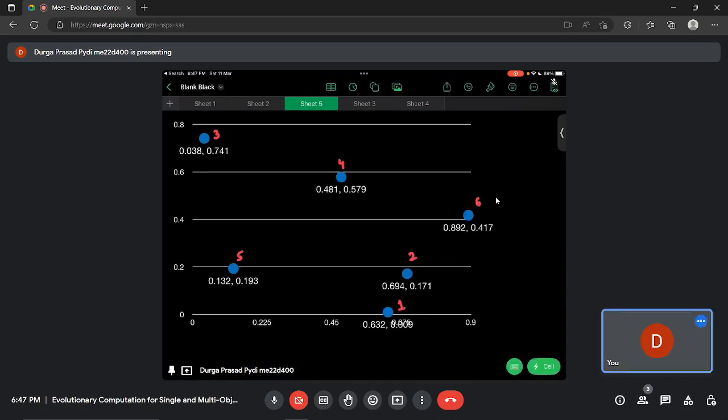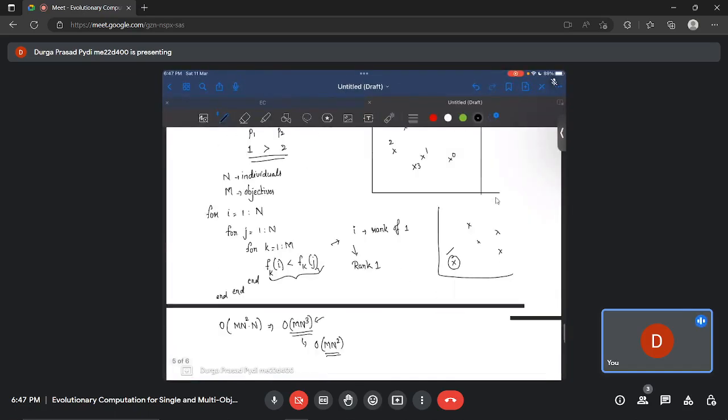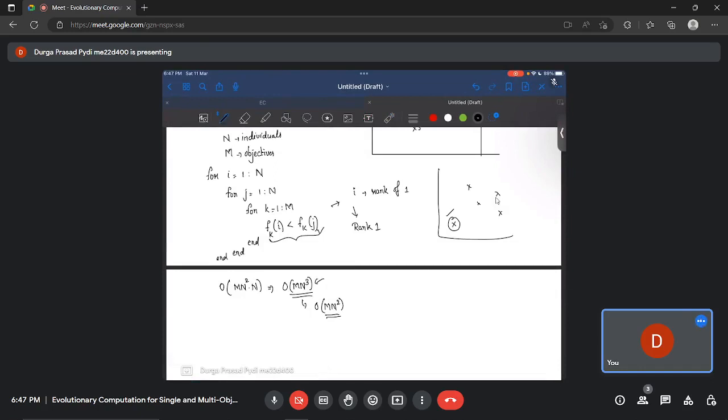The first step is we will define a matrix called SP. We'll see the loop. In this particular loop, we will go only once, and when we compare them, we store the information about the comparison. So we define two variables, SP and NP. SP will have information about how many solutions are on the other side.